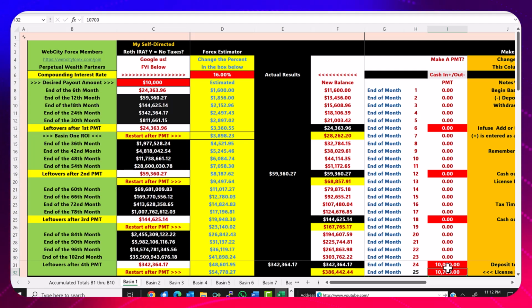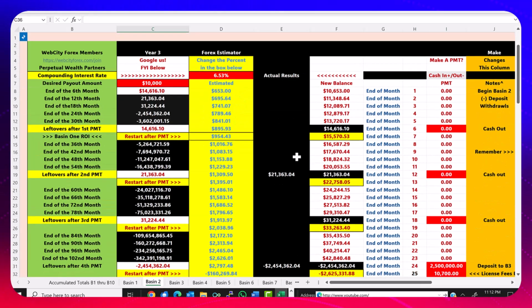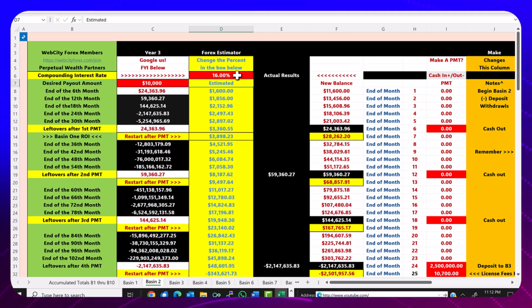There you go. 10,000 in the first run. We never changed this. We need that to be 16%. There you go. Let's see what happens to the basin three.